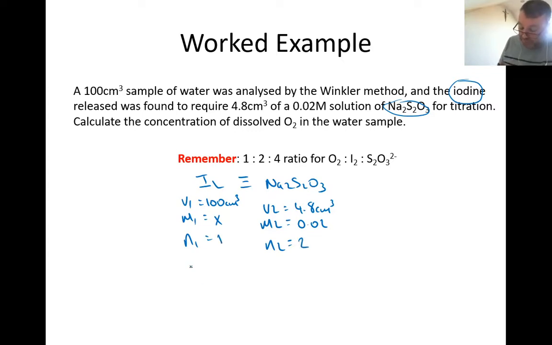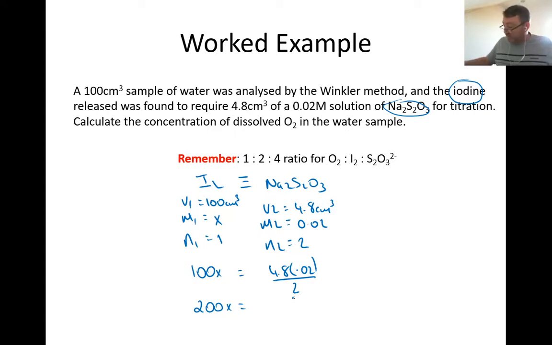And off you go. 100x is equal to 4.8 by 0.02 all over 2, which is 200x equals 4.8. Get my calculator.